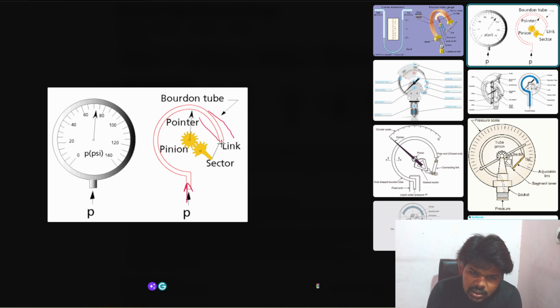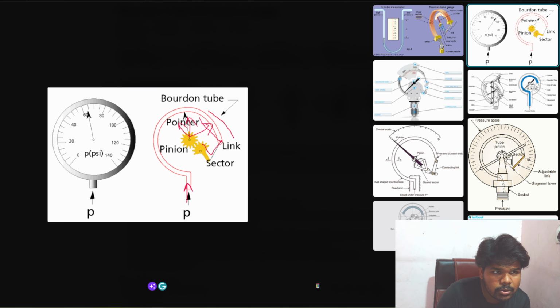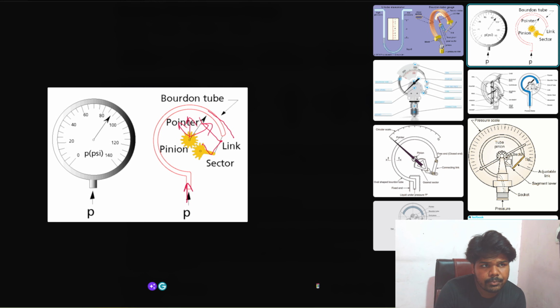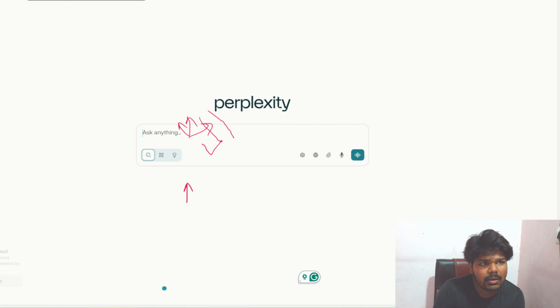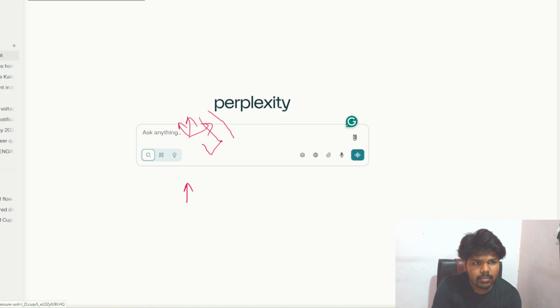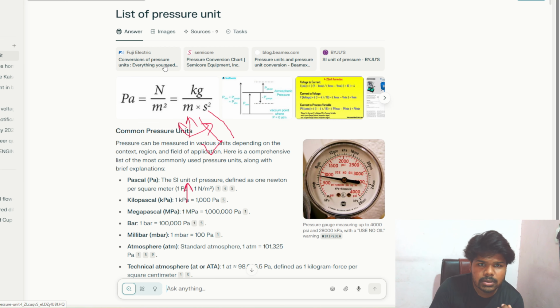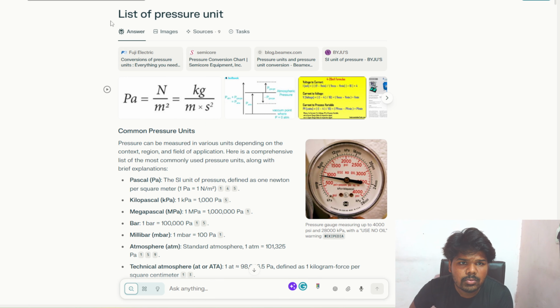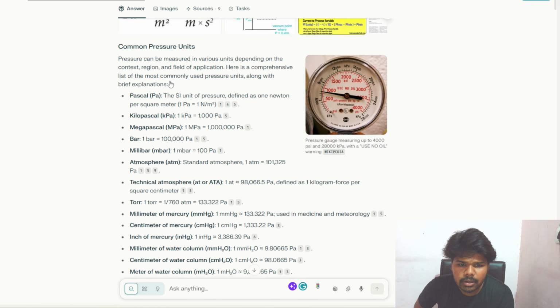There is a connecting link between this and this, connected to this gear, and this gear connects to this gear. So this is a needle, and the needle changes its position. It is called a Bourdon tube kind of pressure gauge. Understand?